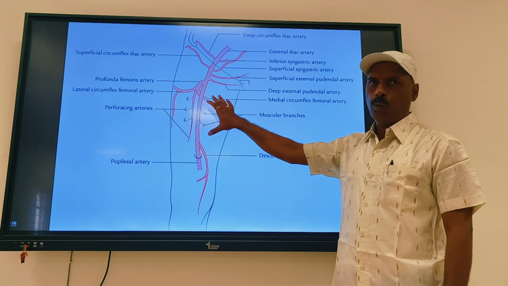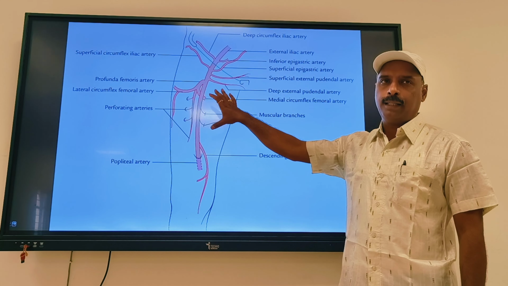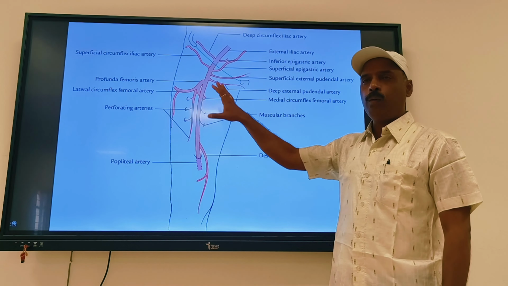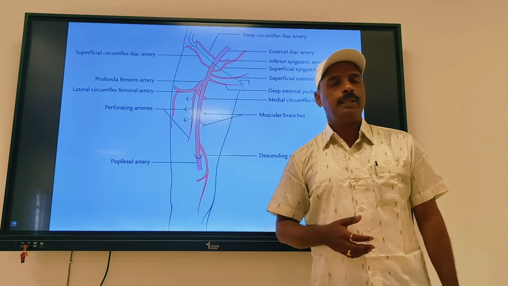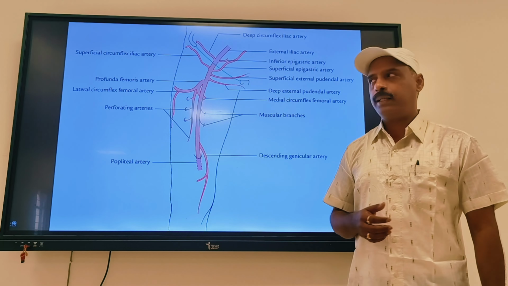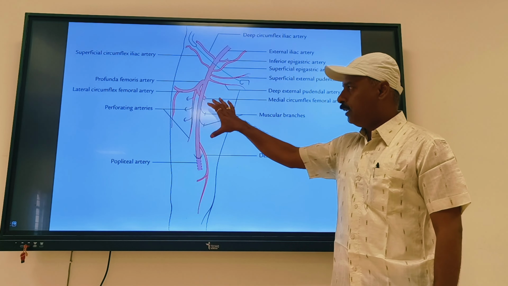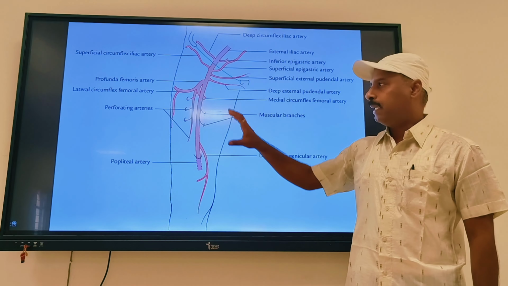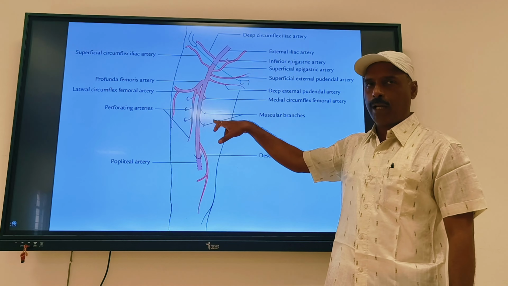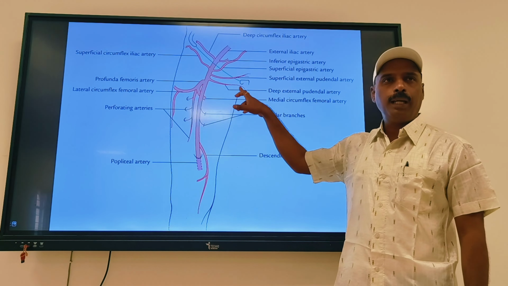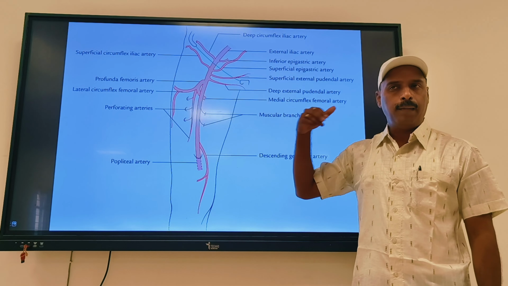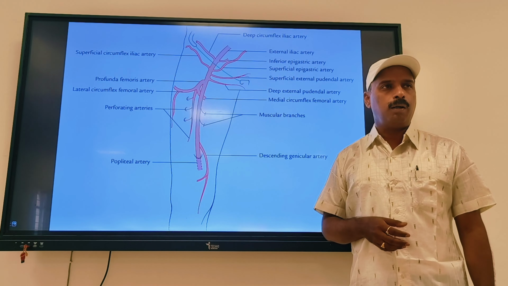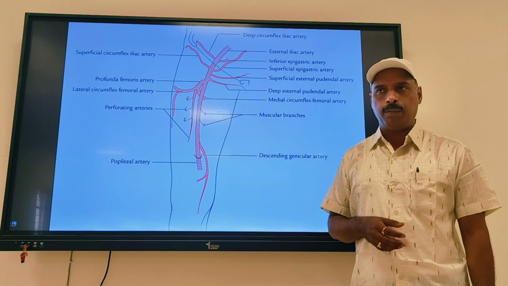So now you know the boundaries of the adductor canal. You have to explain what the relations of the femoral artery in the adductor canal are. In the adductor canal, anteriorly in this region, you are going to get the vastus medialis. Medially we have the sartorius muscle, and posteriorly we have the adductor longus above and adductor magnus below.